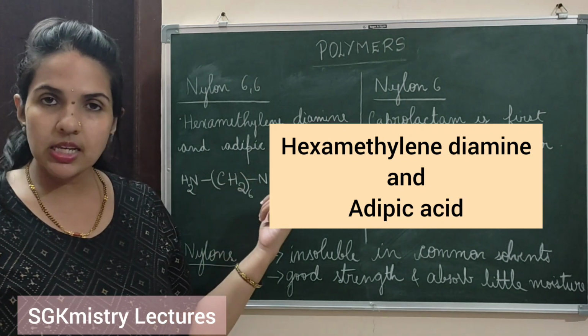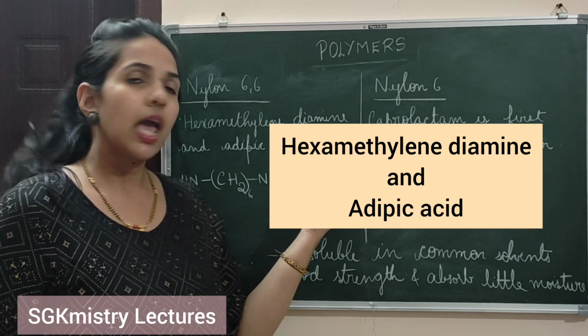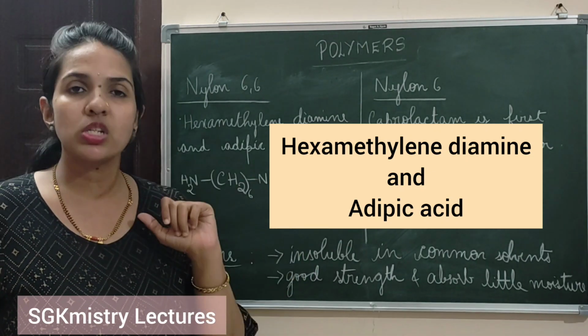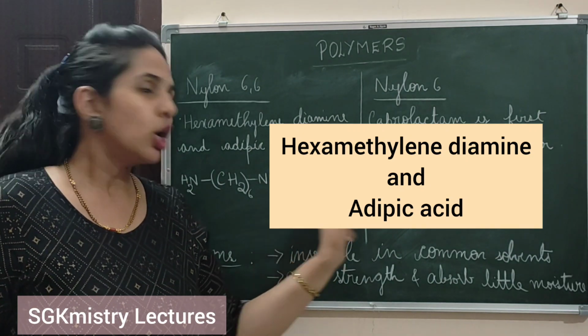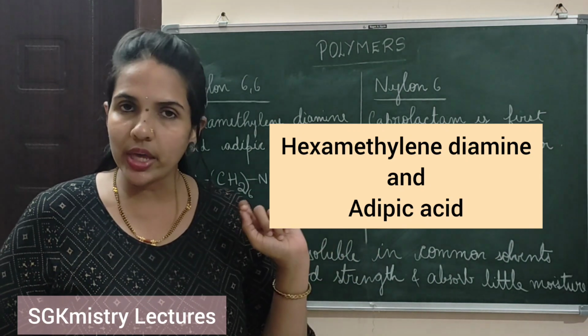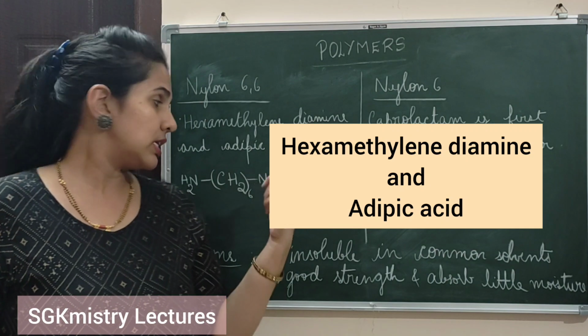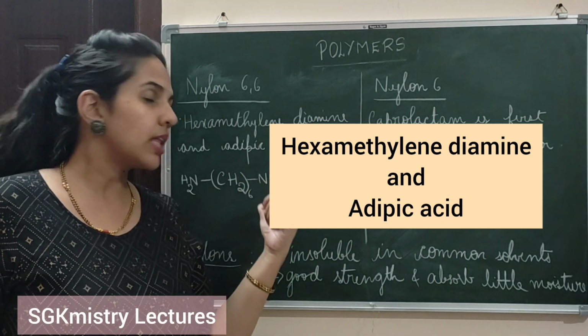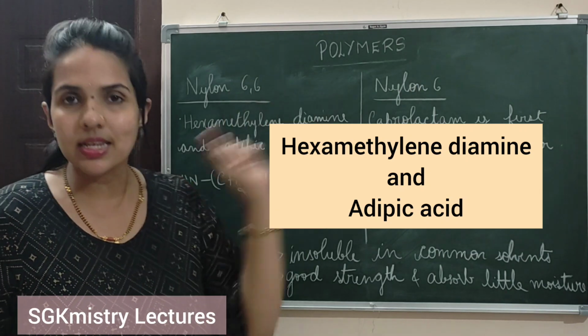Here CH2 6 times, so there are 6 carbon atoms. Again in adipic acid, there are 4 carbon atoms because there are 4 CH2 groups and 2 carbon atoms of the COOH groups. Because of this, you can see that in both these monomers there are 6 carbon atoms. That's why we call it nylon 6,6.